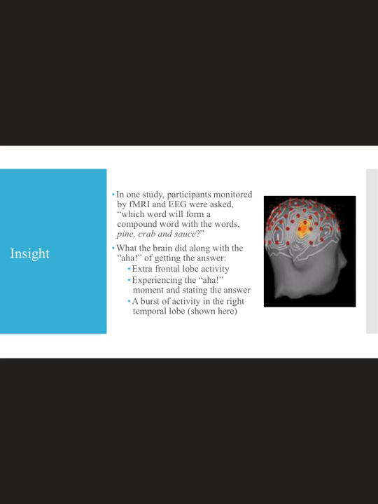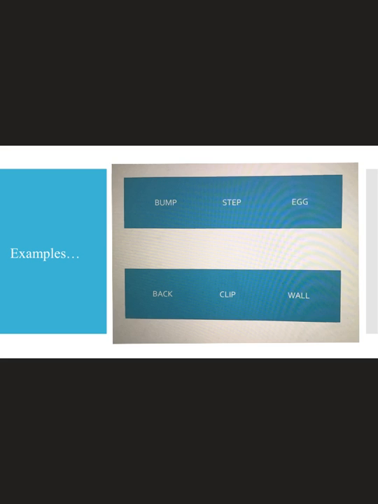And so this all makes sense. Now I just want to take a quick second to get you to experience that aha moment. Like I said in the example, pineapple, crab apple, applesauce: how can we make compound words out of these two sets of three words? What word can we add to make compound words? I'll give you a second.